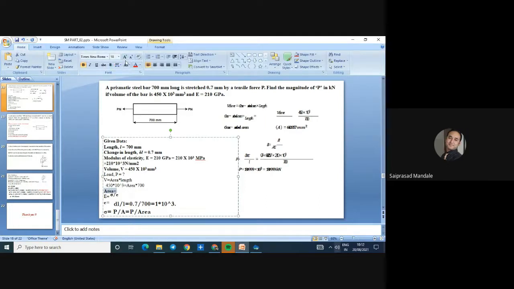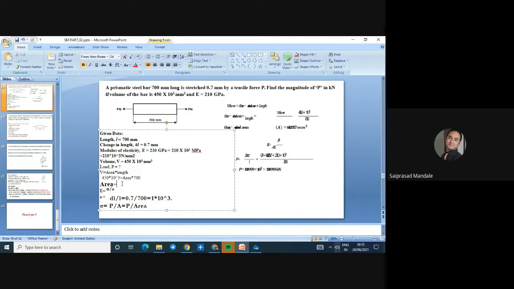Can anybody tell me the value of area that you have calculated? 642.85 mm square. Everybody please cross check. Okay, great. Area we have calculated.